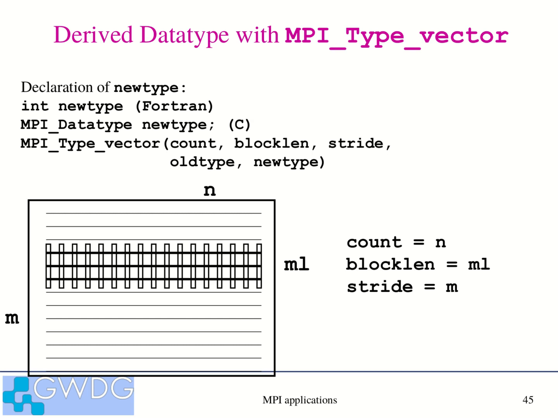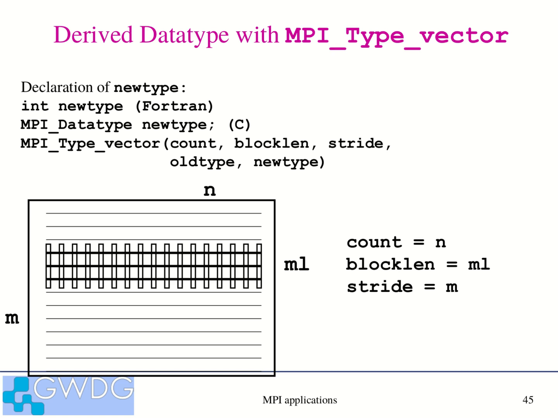So we have three characteristic values for this data type: the number of pieces you want to concatenate, the size of the pieces, and the stride these pieces are apart in memory.